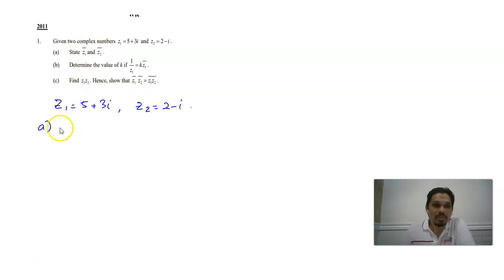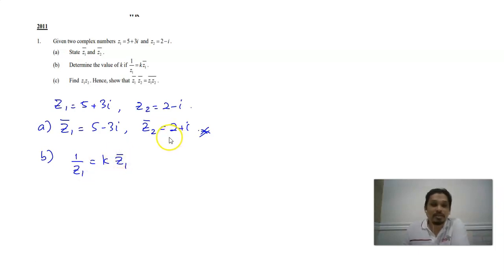So for the first question here, Z1 bar or Z1 star is the conjugate. The conjugate of these two is easy: Z1 bar is 5 minus 3i and Z2 bar equal to 2 plus i. That's it. Question B, determine the value of K if 1 over Z1 equal to K and Z1 bar.